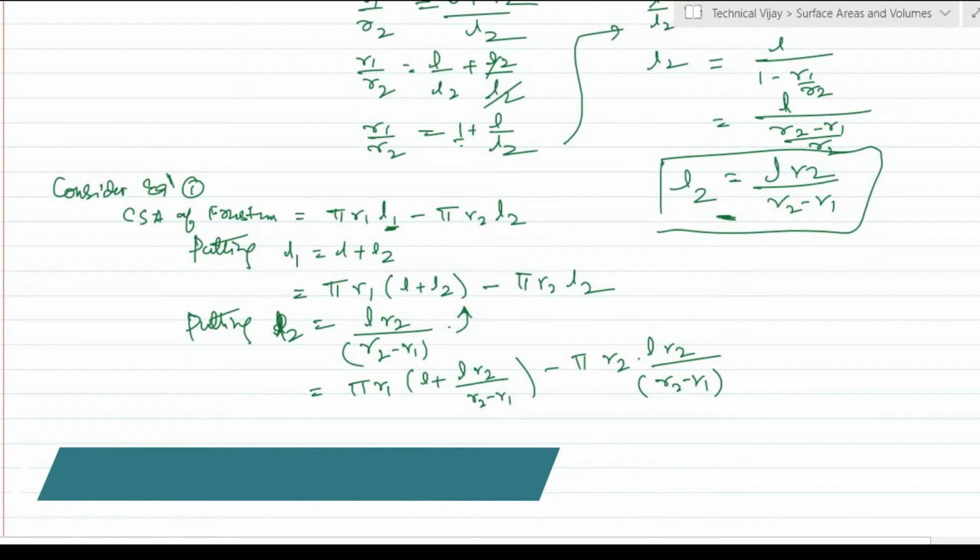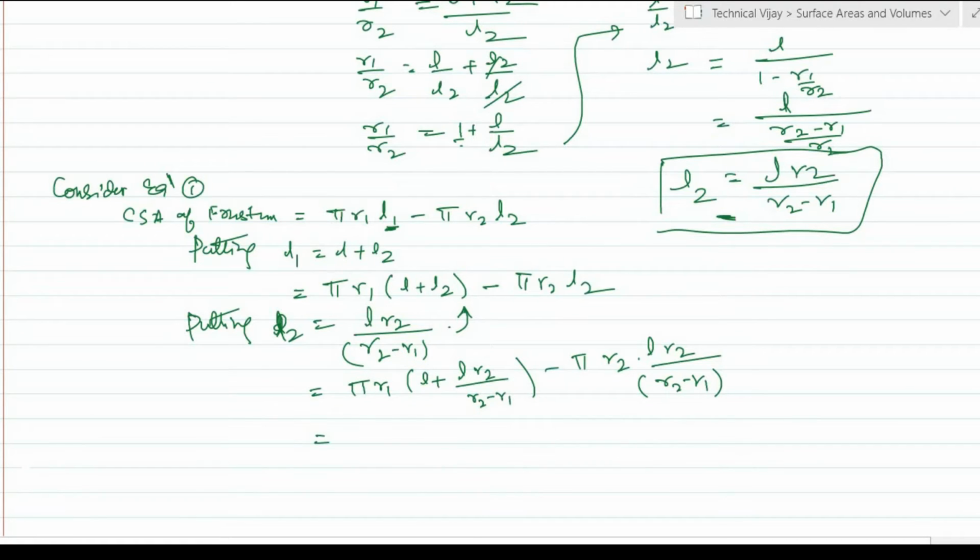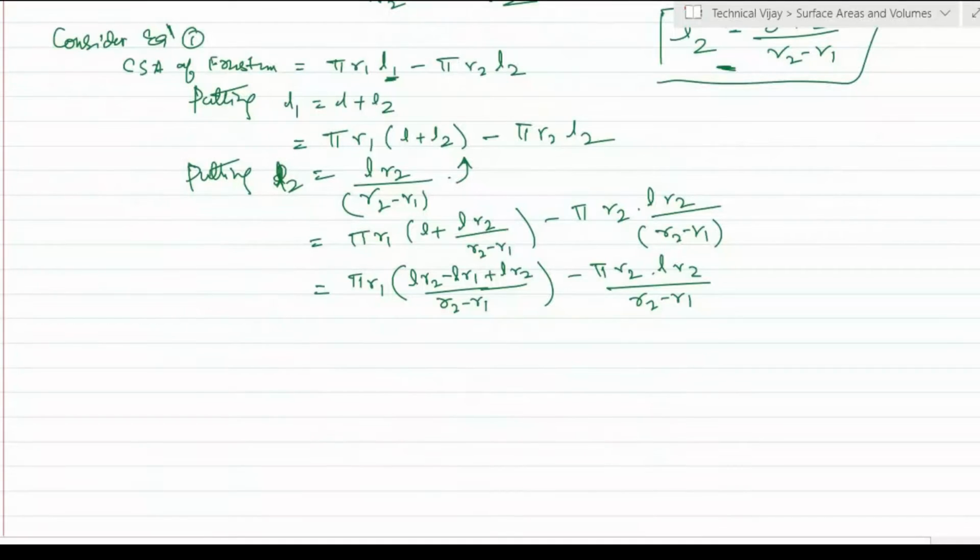So this is equal to, LCM we will take, that is R2 minus R1. So here L R2 minus L R1 plus L R2, minus pi R2 L R2, divided by R2 minus R1. This is same. Now R2 minus R1 is common here.